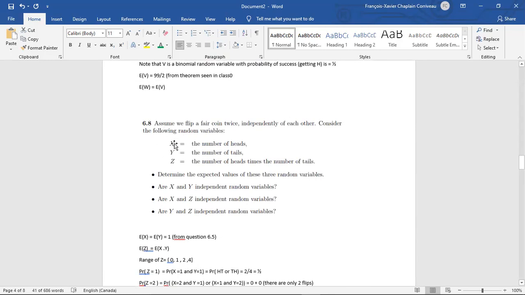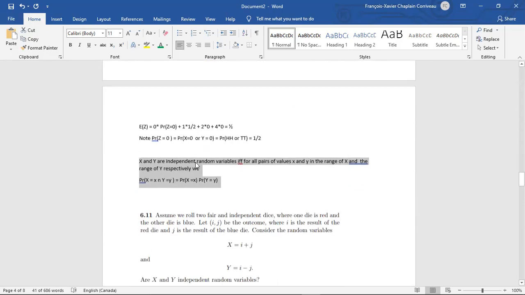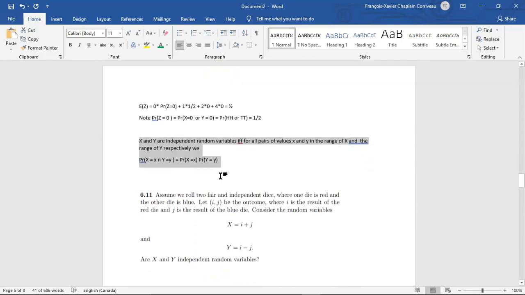So how do we use this definition here? Well, I have to show that all of these equalities are true. If I'm going to show that they're not independent, I just need one value of x and one value of y such that this equality is not true.